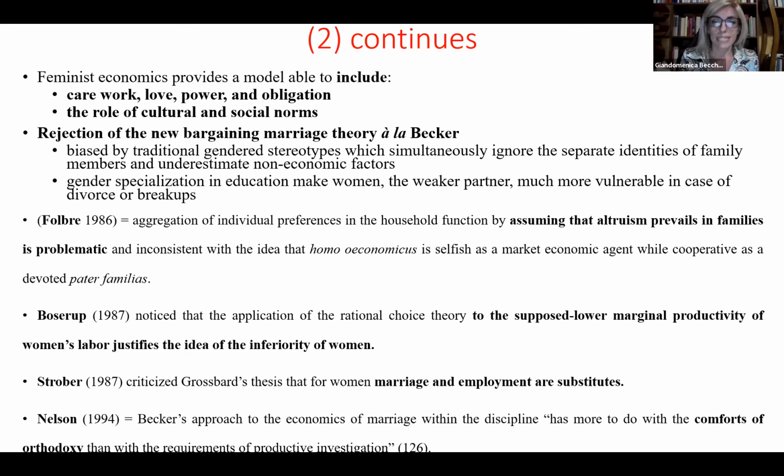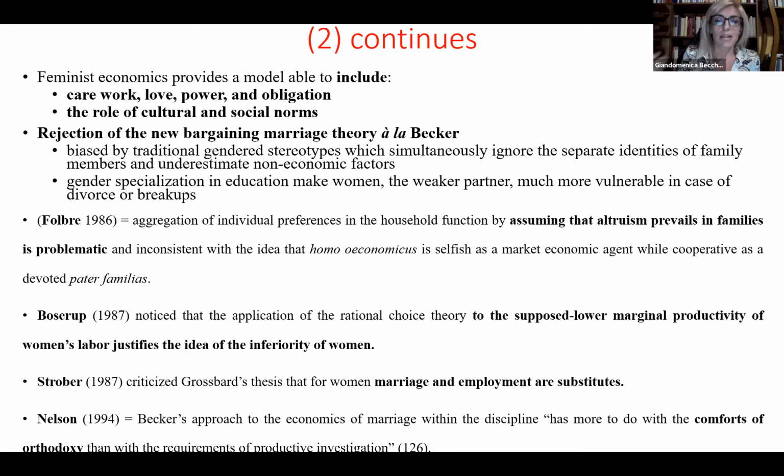Boserup noticed that the application of rational choice theory to the supposed lower marginal productivity of women's labor justified the idea of the inferiority of women. So it's as if neoclassical gender economics reinforced the subjection of women.